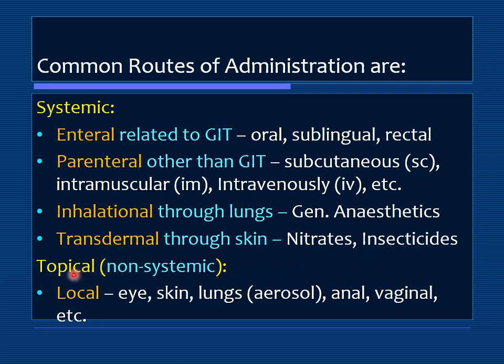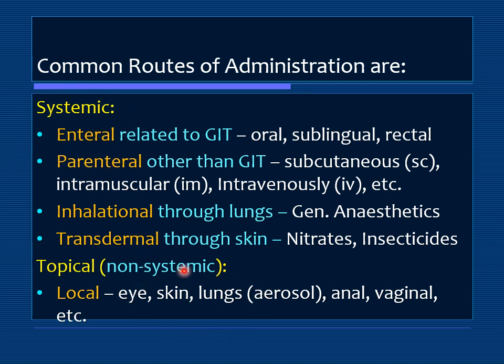And topical means non-systemic, local: eye drops, on the skin, ointment, or gel, etc. Lungs, aerosol, no. Remember, if it is for systemic use, we want the drug to be absorbed through the lungs and produce some systemic effects, then it comes under the systemic route.